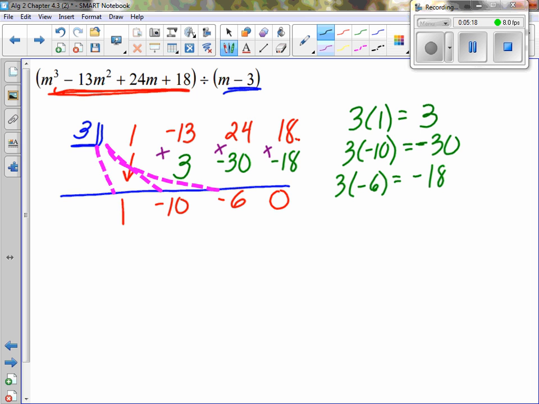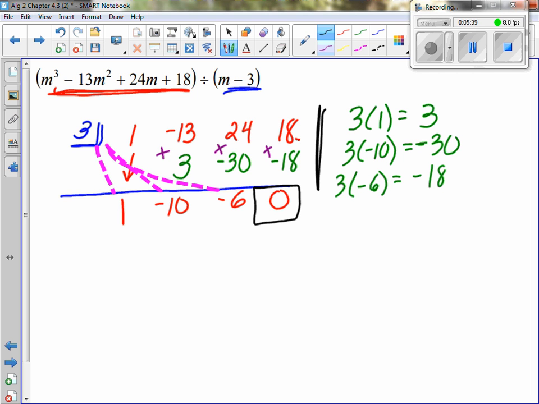We have one last step that we're going to do. The first thing I do after I finish with synthetic division is I box the last number. I put a box around the last number under the line. Since I don't have any more numbers here, we're done.